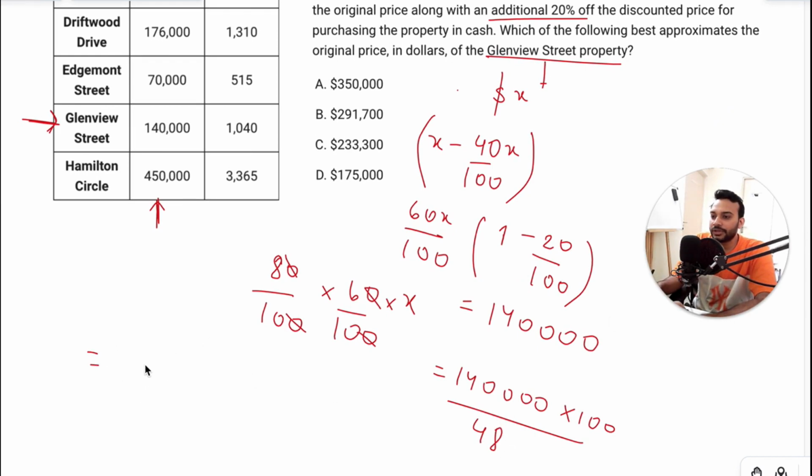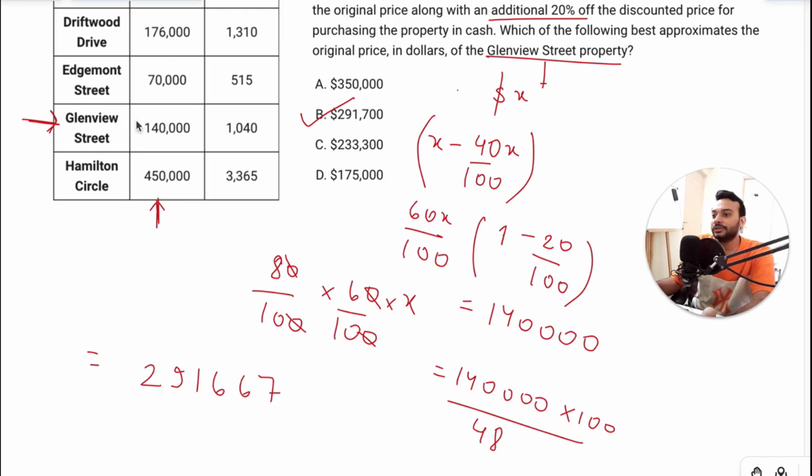This will come out to something like $291,667, approximately, which mostly resembles, or is near about, option B, $291,700. This was the original price.